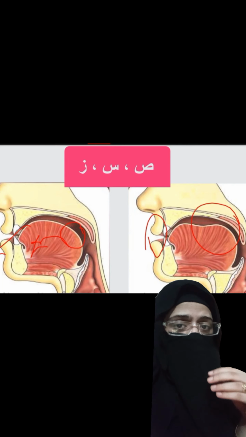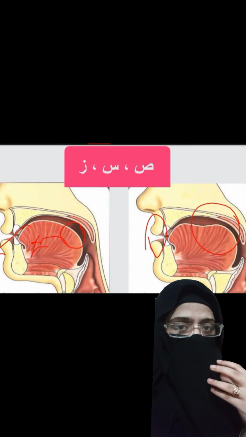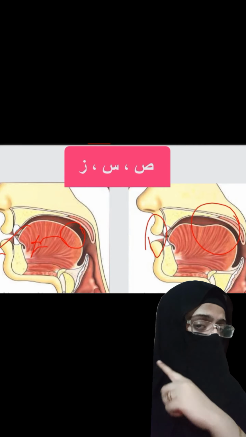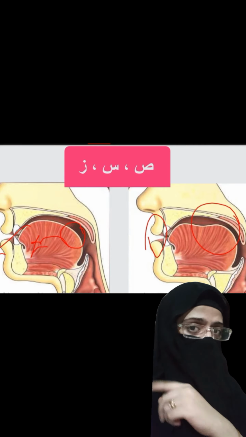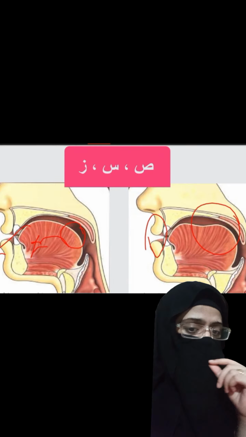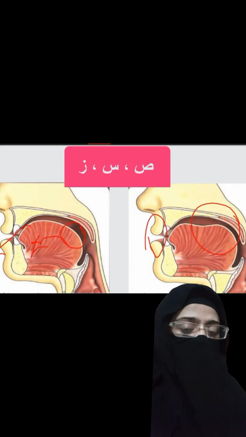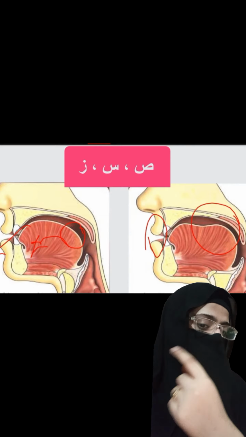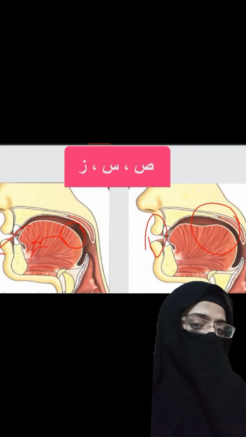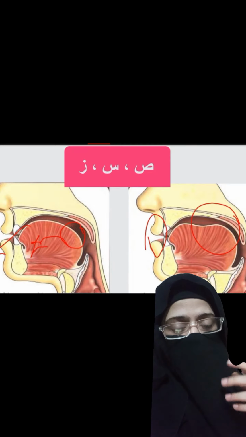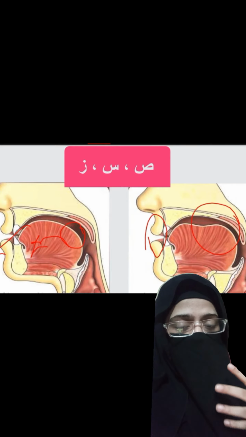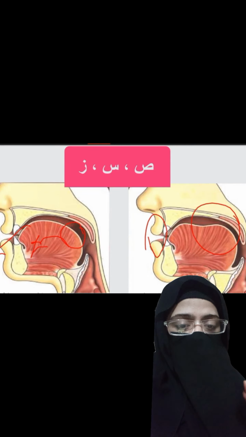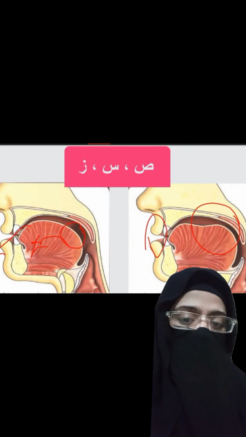Okay, when producing the whistling sound, a lot of air passes through your narrow opening between the tongue and the teeth. So you have to see the tongue and the teeth, the narrow opening here in these two postures. So the whistling sound pronunciation is al-safir. That is the definition of that.